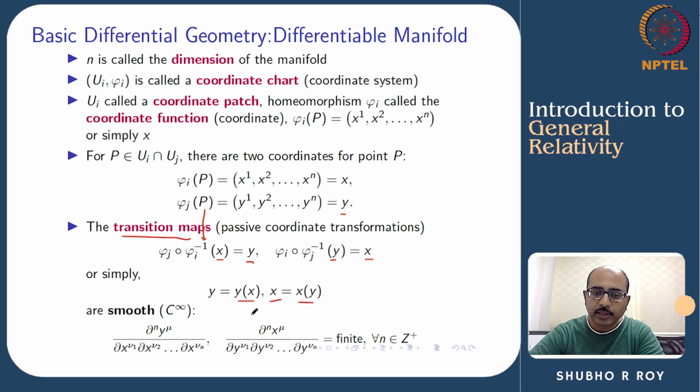That means y can be expanded in a convergent power series in x, and vice versa. If x is an analytic function of y, that means x can be expanded in a convergent power series in the components of y. All right. So this is how we define a smooth function. All n order derivatives exist.